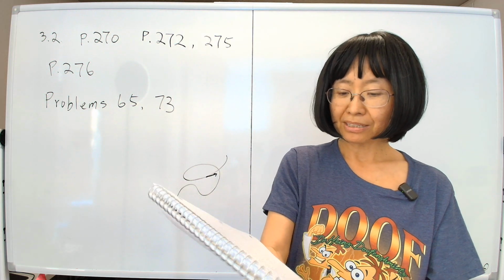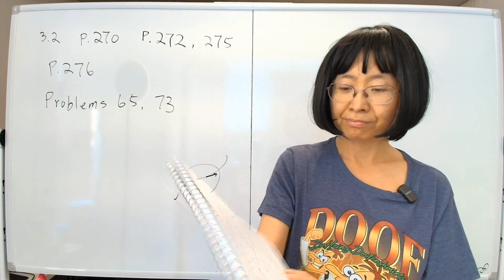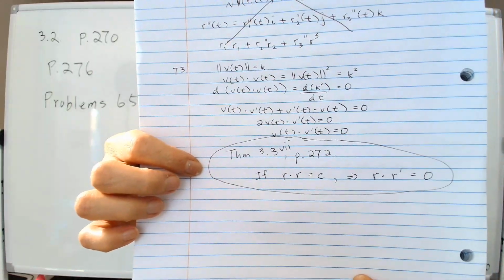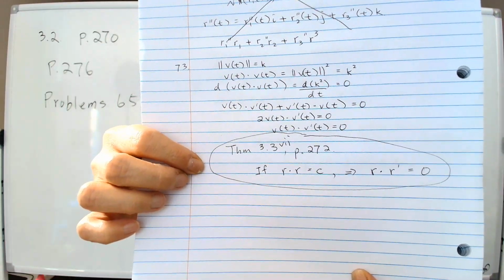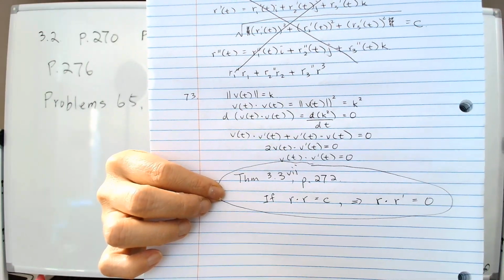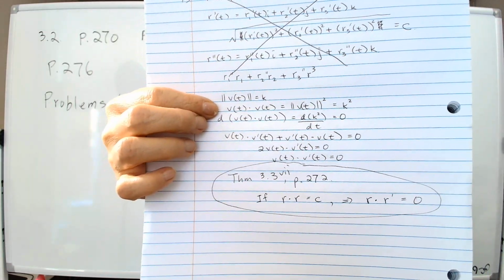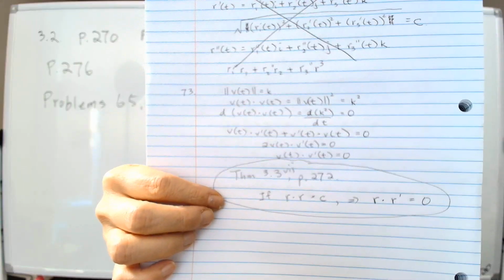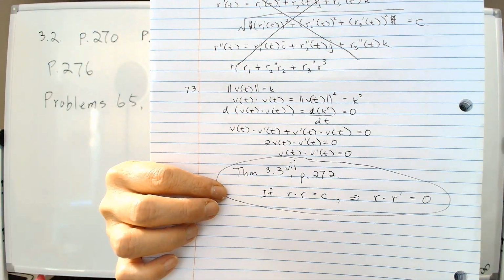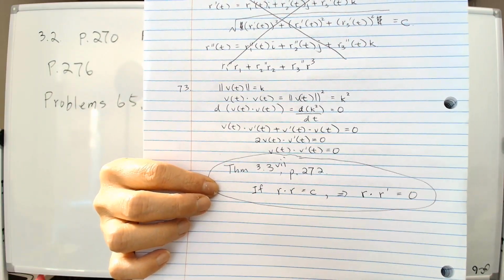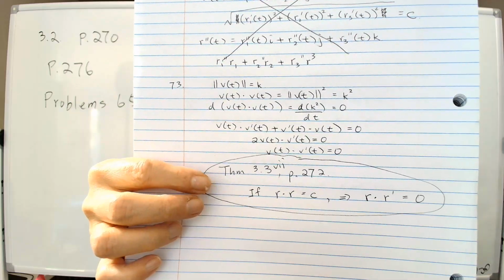What we need to do is basically quote theorem 3.3 part 7, which says that if r dot r equals c, and what is r dot r? That is the magnitude squared, right? So if r dot r equals a constant, these are functions, r of t, then r dot r prime equals 0.